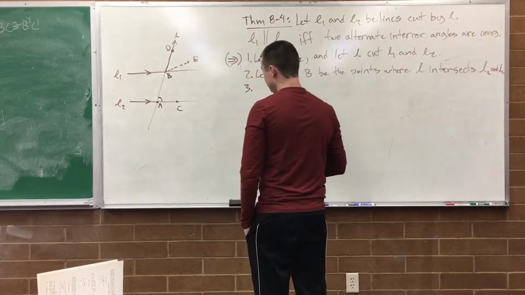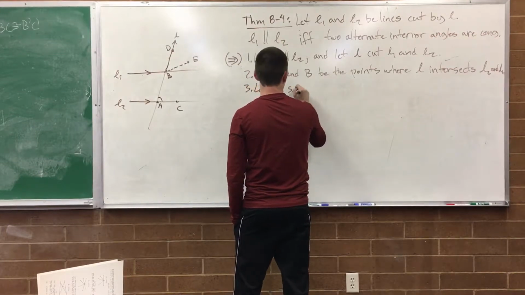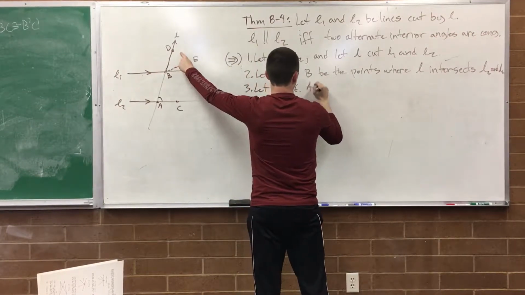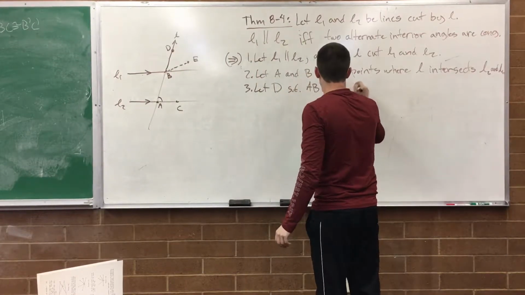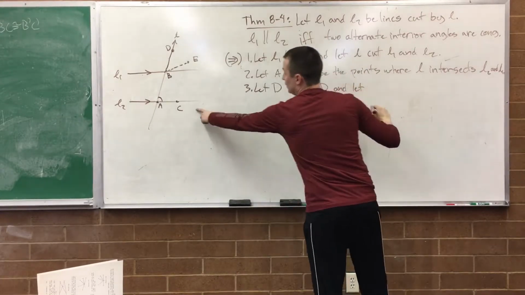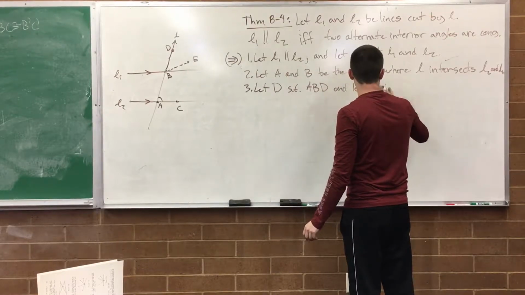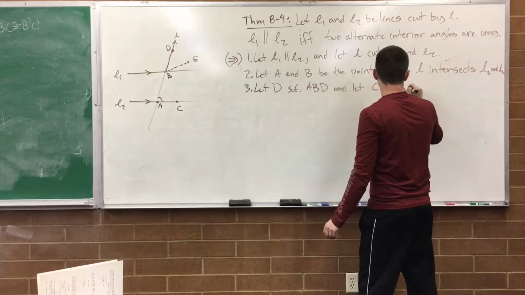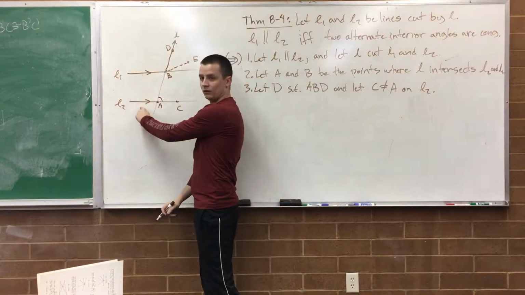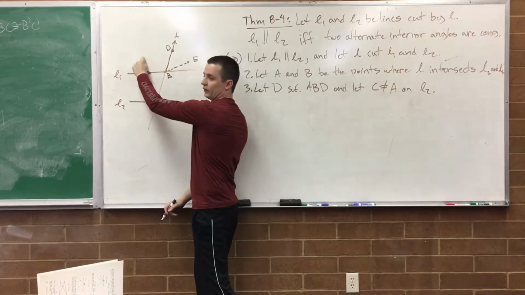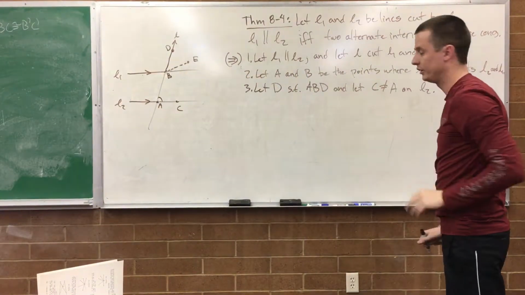So 3, let D be such that ABD, so just some point up there, and let C be any point on L2 not equal to A. Notice we don't really care if C is over here or over here. If C is over here, we just need to pick E over here as well, so that this angle is congruent to this angle. So we don't really care which side C is on, doesn't change our proof.